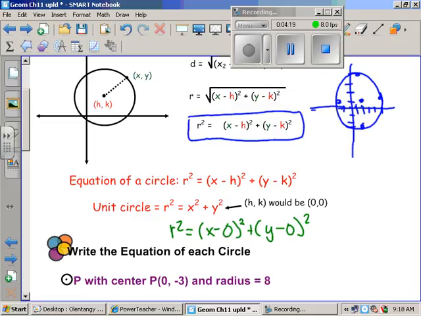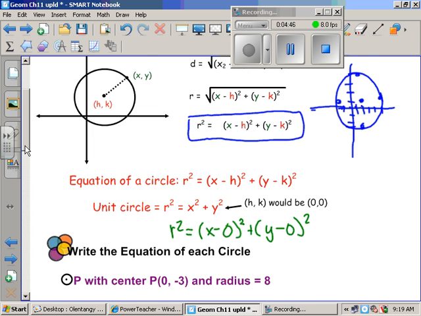But mathematicians never write anything they don't have to, so what is x minus 0? It's just x. Y minus 0 is just y. So when the center is at 0, 0, they just write it like this. R squared equals x squared plus y squared, because these two are 0. Does that make sense?